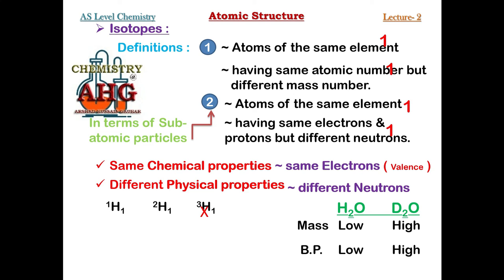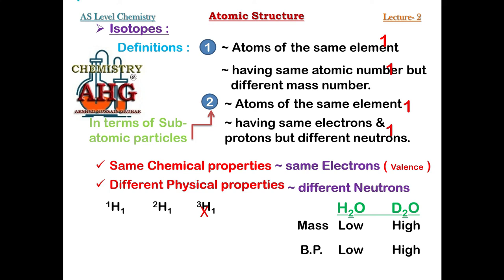Now I am going to give you an example of a chemical property. You will see isotopes behave in a similar way when they are involved in a chemical reaction. A very simple example of a chemical reaction: you know sodium metal reacts with water. When sodium metal reacts with water, it produces sodium hydroxide by releasing hydrogen gas.